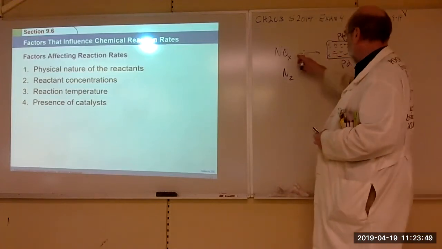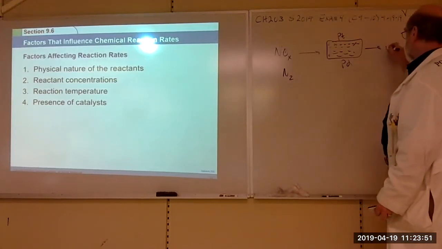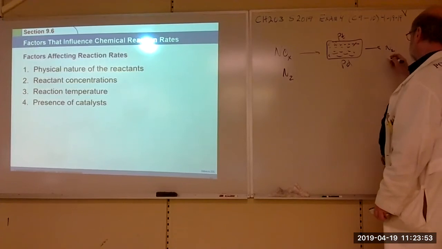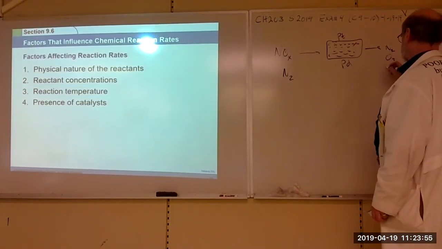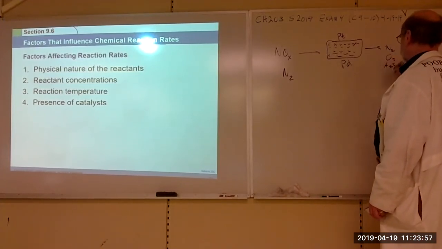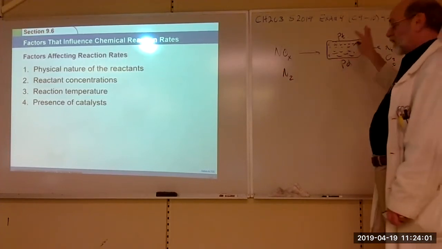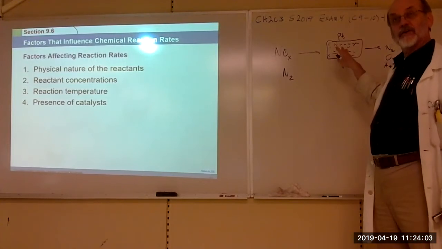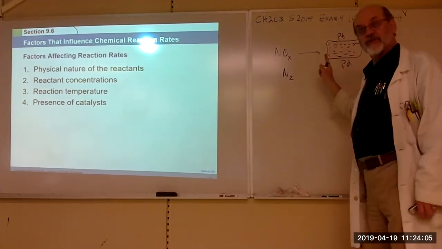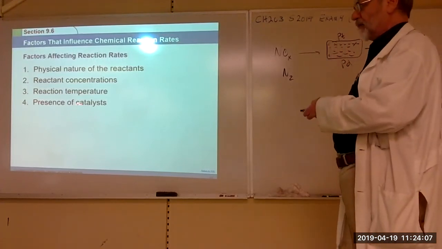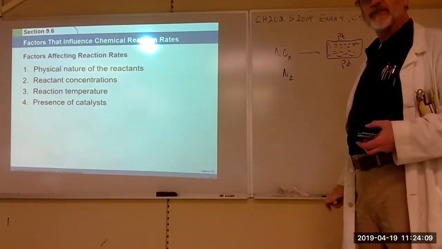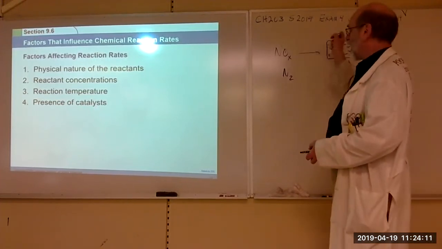And as this passes through, it converts it to nitrogen and maybe oxygen or water. It's got some other things in there with it, right? That's the catalyst in your catalytic converter. The reaction goes faster because of the catalyst. And the reason it goes faster is it provides an alternate route.